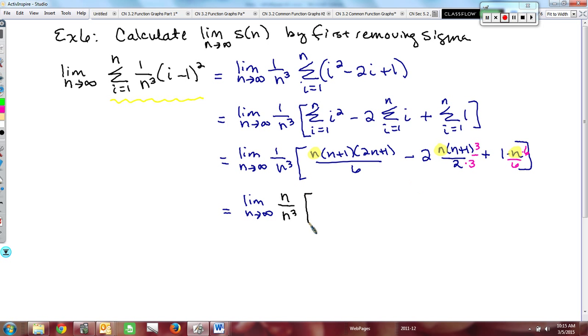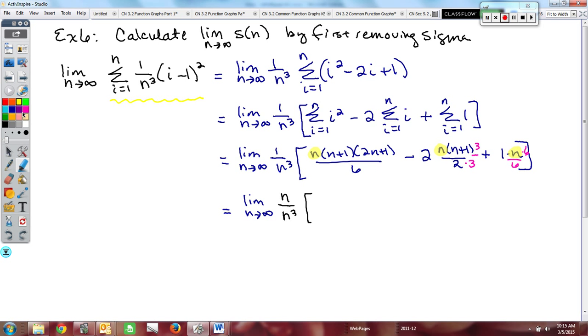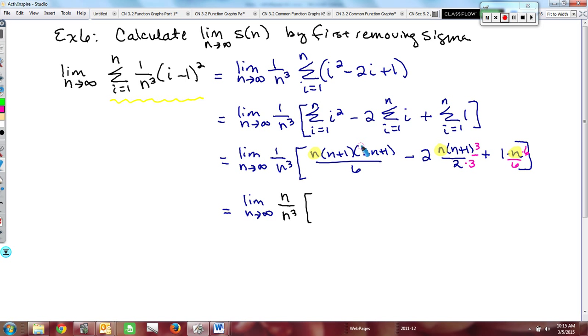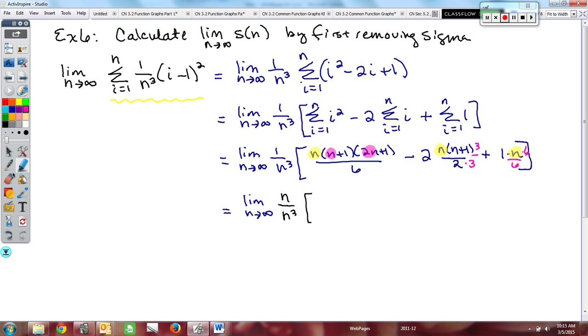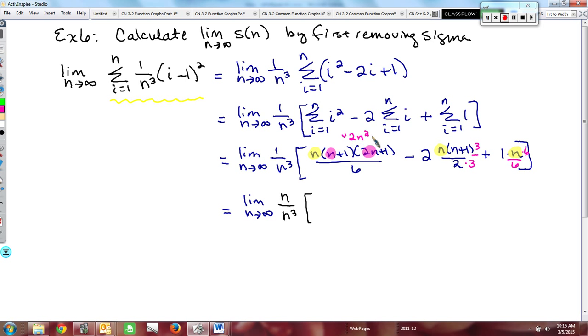Now I can expand all of them out, or I can recognize that if I was going to multiply this out and add them together, I'm looking for the dominant term, the biggest term. That's the only thing that matters. So I'm going to have an n times a 2n here. That would give me 2n squared. So 2n squared would be the dominant here.